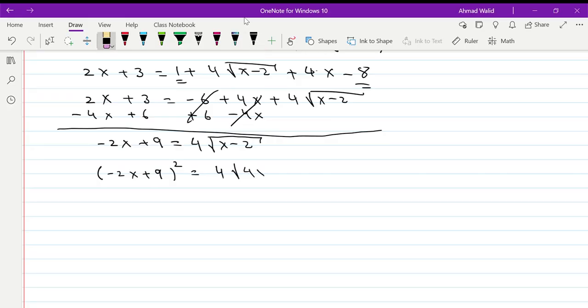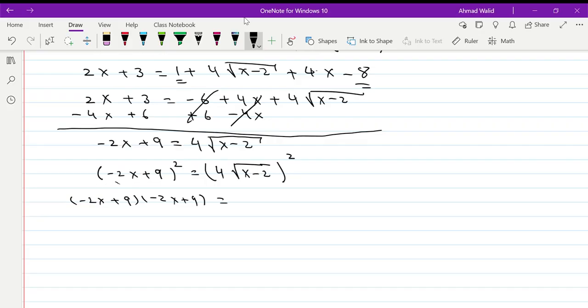Under the radical, not 4, I have x minus 2. And I'll raise this side also to the power of 2. Again, two parentheses. If you don't remember the a plus b squared formula, negative 2x plus 9 and negative 2x plus 9.